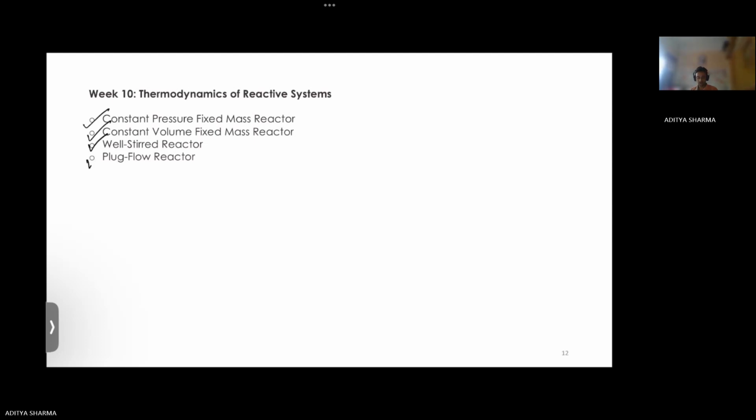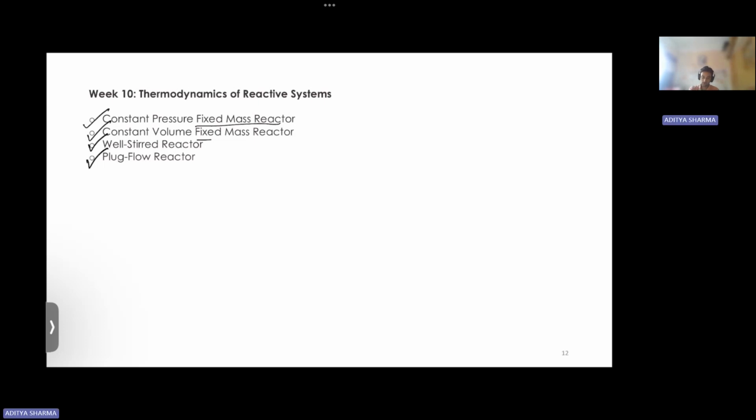First one is your constant pressure fixed mass reactor. In the first two, the mass remains fixed, but in the first case the pressure remains constant, and in the second case the volume remains constant. All the discussion on these reactors has been done.